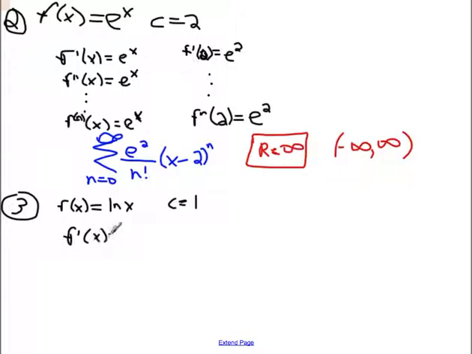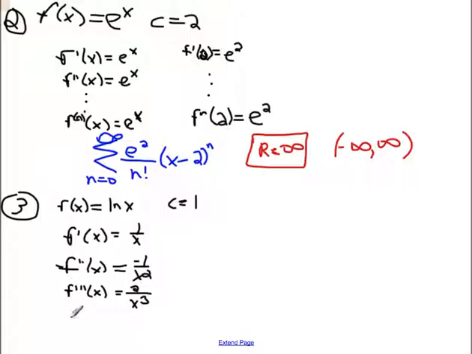So we get 1 over x, right? And then the next guy would be negative 1 over x squared, right? And the next guy would be, what? We bring that negative 2 times negative 1 is 2 over x cubed.